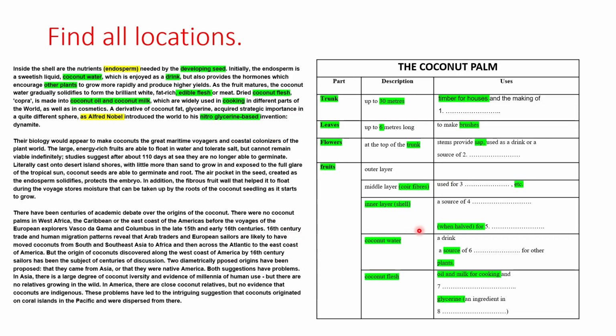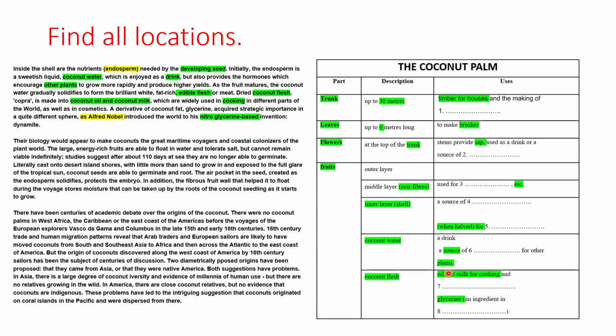For the next question we have to talk about coconut water. We find coconut water here. Then there is source plants, and the plant is here. Then there is coconut flesh. They didn't talk about coconut flesh here, but still they talk about flesh here, and there is coconut flesh here as well.